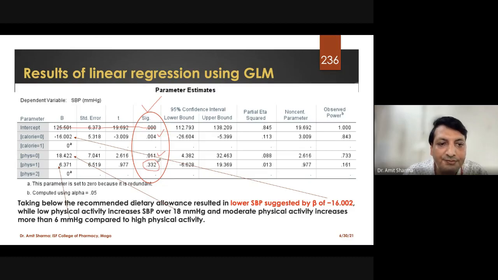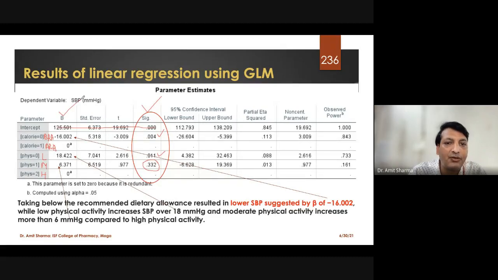Here I am doing high physical activity, here moderate, and here low. This is above RDA and this is below RDA, recommended diet. Clear?